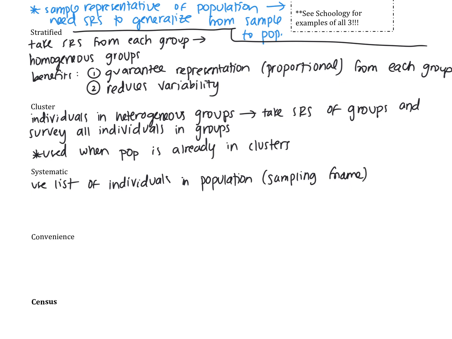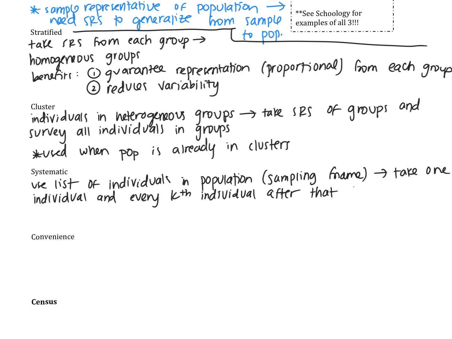Use a list of individuals in the population called a sampling frame. You take one individual and every kth individual after that for your sample.